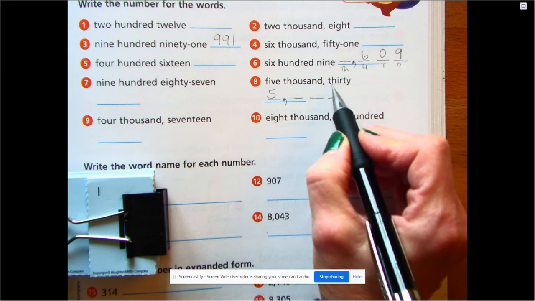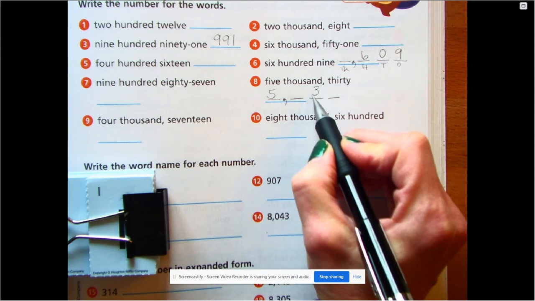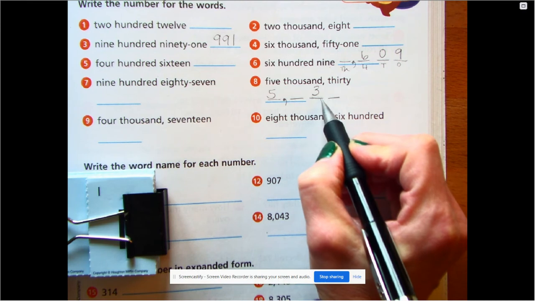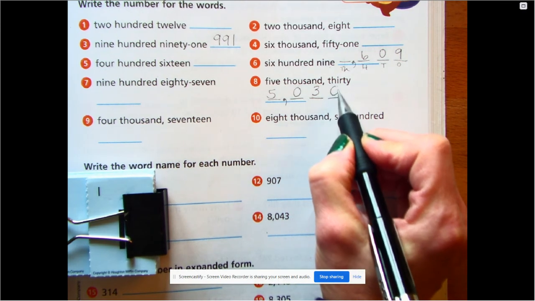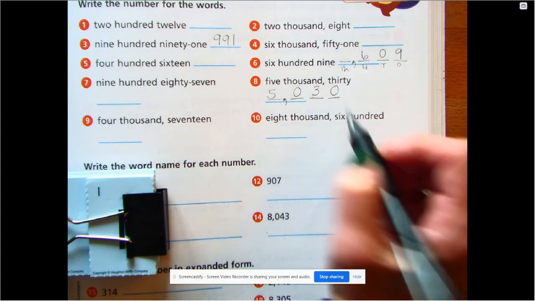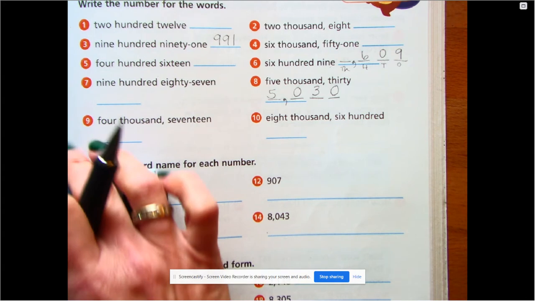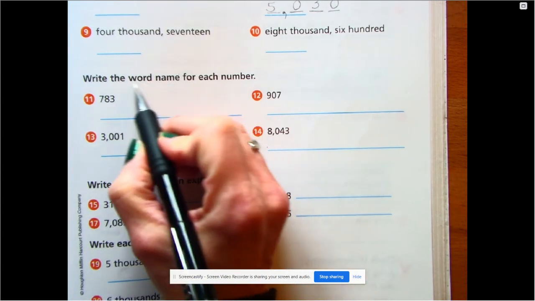Do I have, it says 30. 30 is the same as 3 tens, right? So I'm going to put 3 in the tens place. I don't have any hundreds. I don't have any ones. So that's what 5,030 looks like.